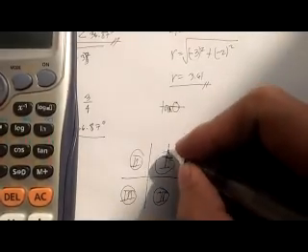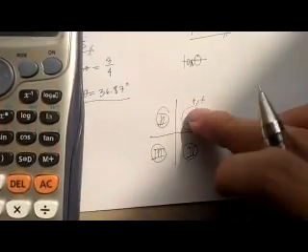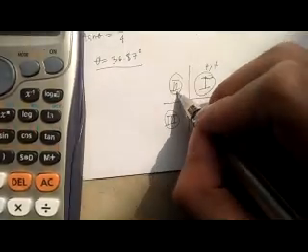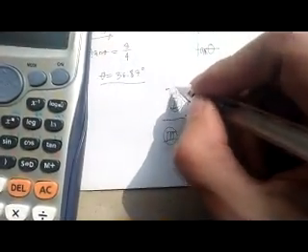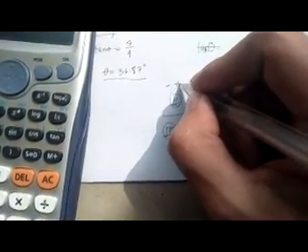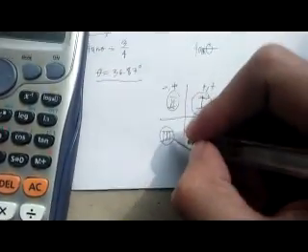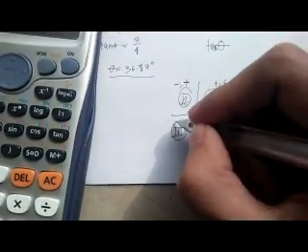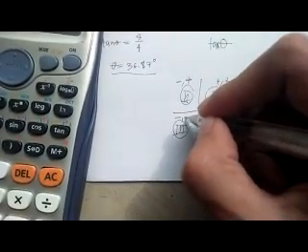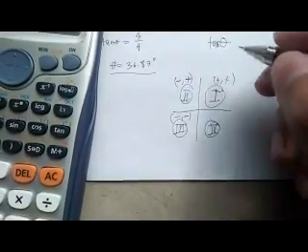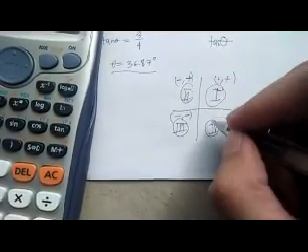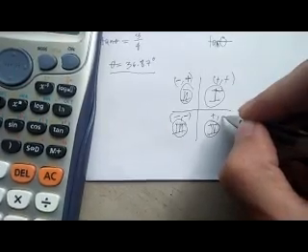In the first quadrant, it's positive, positive. In the second quadrant, x is negative and y is positive. In the third quadrant, both coordinates are negative, negative. And in the fourth quadrant, the x is positive while the y is negative.